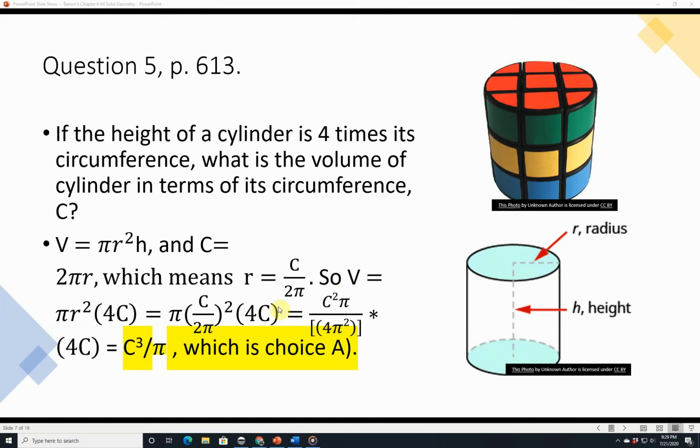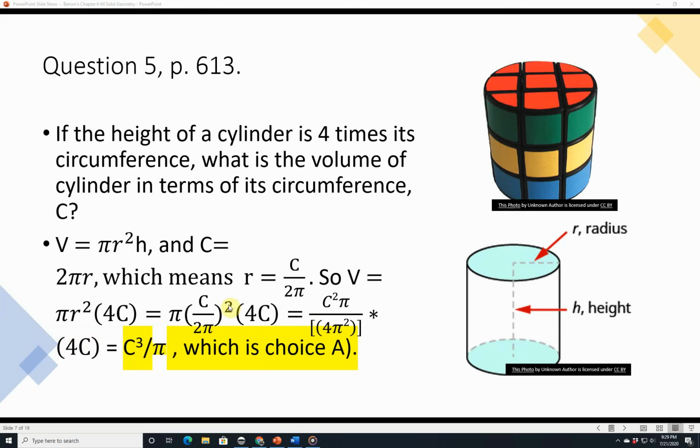We have c squared times 4c, so you have a c cubed. There's a 4 on the top and a 4 on the bottom. Those cancel out, so again we end up with c cubed times pi, which is choice A. I'm sorry, I made a mistake. It's c cubed divided by pi, which is choice A.